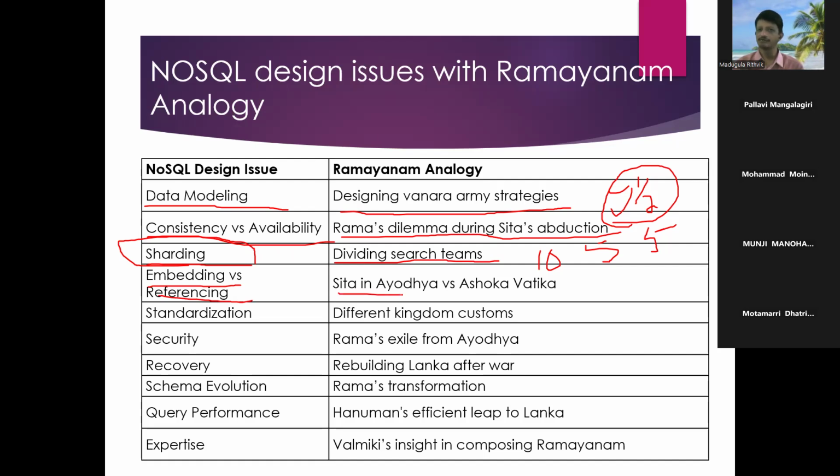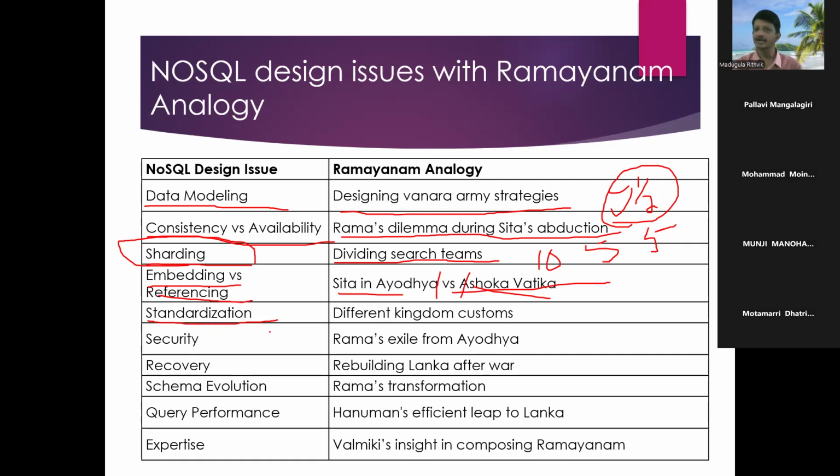Sita, who is in Ayodhya, compared with Ashoka Vatika: these two are the major challenges we come across in embedding and referencing. This is embedding and this is referencing. Based on this reference, Hanuman came to Ashoka Vatika accordingly. Like that, we can have data categorization.